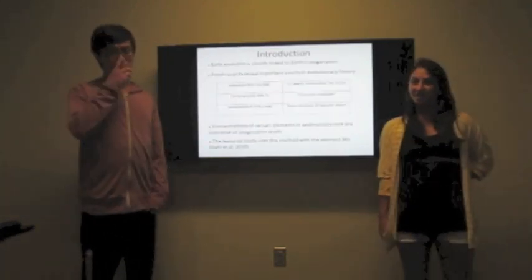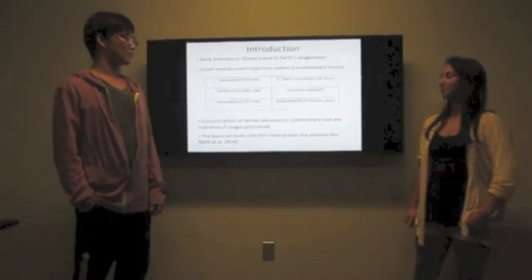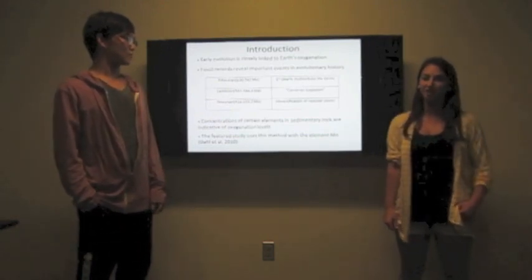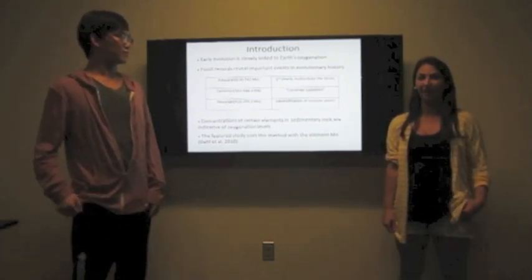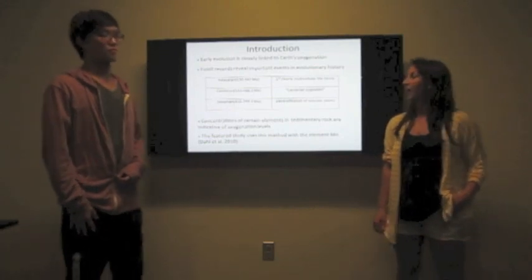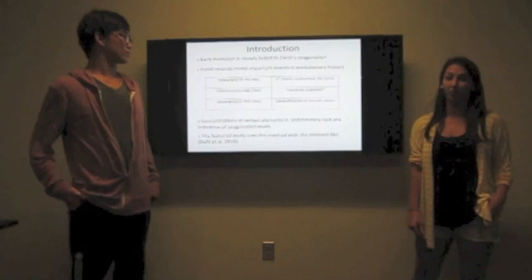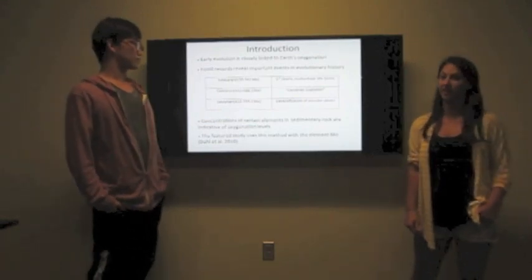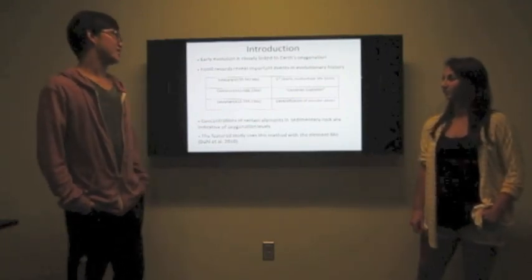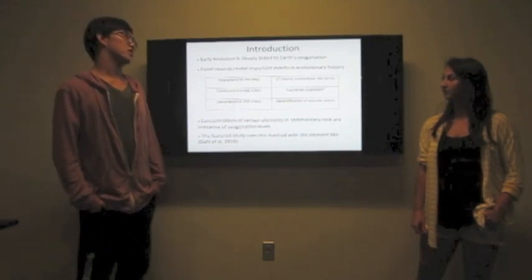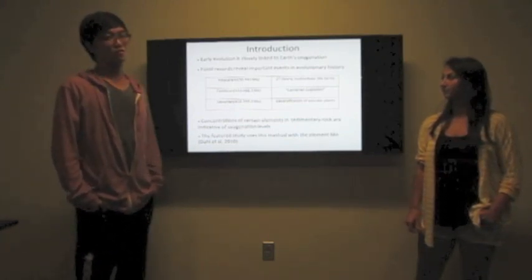As an introduction, the evidence that we'll be presenting is focused on the close relationship between Earth's oxygenation and early evolution. The study of fossil records is central in revealing important events in evolutionary history. The first period was the Ediacaran period, which showed multicellular life forms.